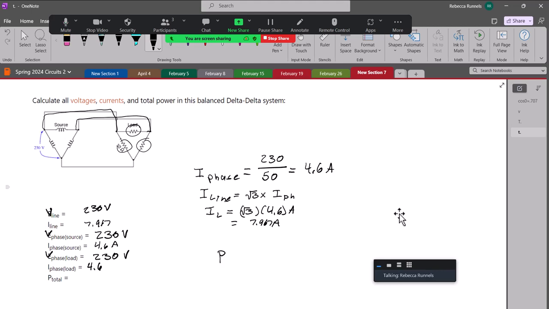And so our total power is 3 I phase squared R, and it's phase because it's within the phase there. So that's 3 times 4.6 squared times 50, which is 3,174 watts. And that should be the same answer that you get if you computed it any other way.